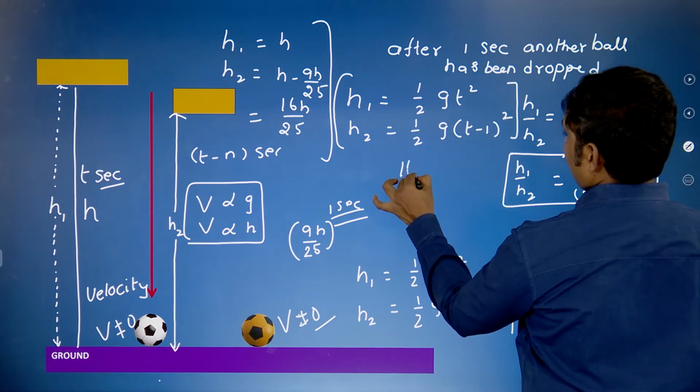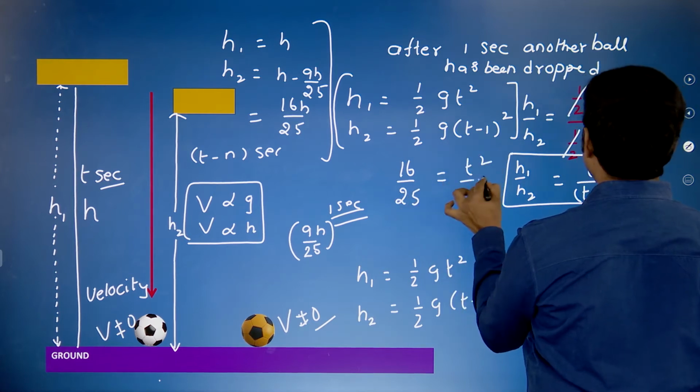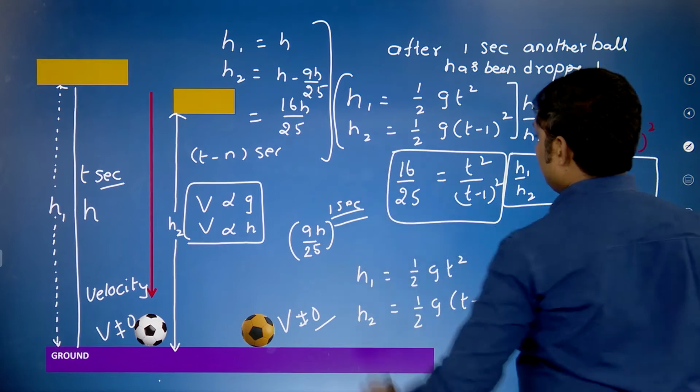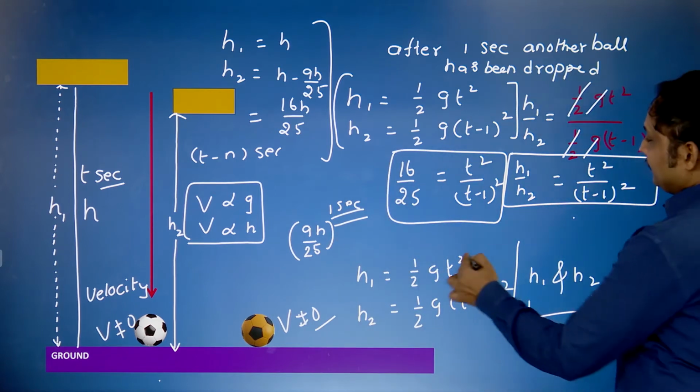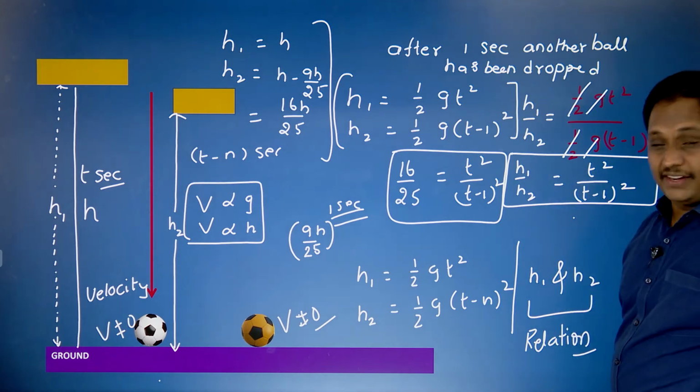Right. If you have been obtained that ratio, it's going to be t by t minus 1 whole square. You will get that time easily. It's going to be 5 seconds. Just you have to see.